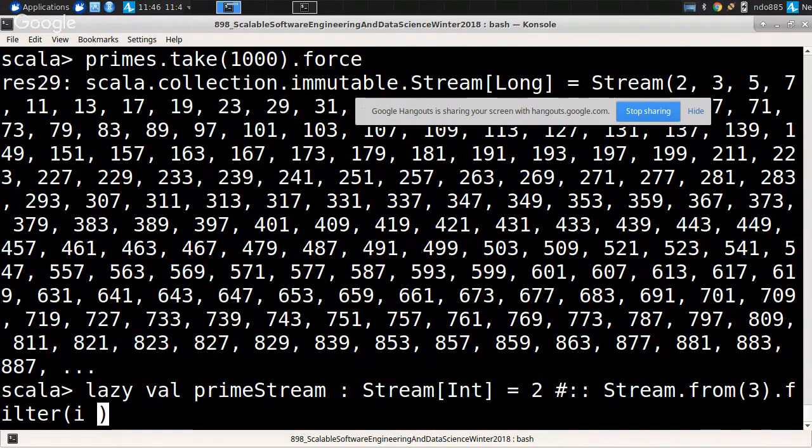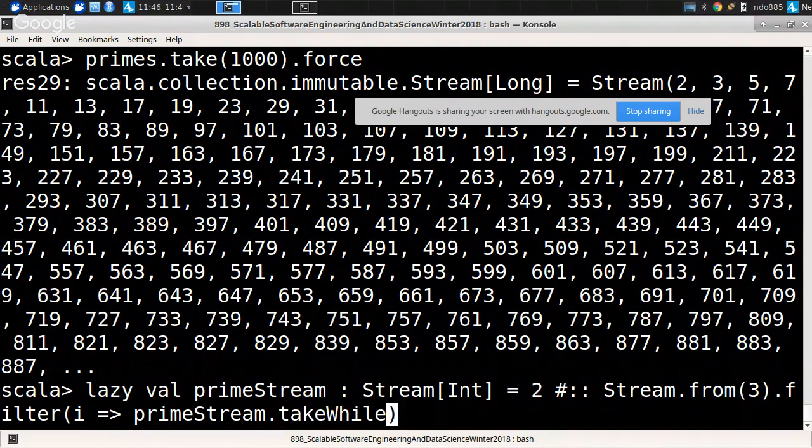I answered my question. Prime. Okay, so we're going to filter out numbers i, only include numbers i that match the following predicate. Prime stream dot take while. Yes, this is how you do it.